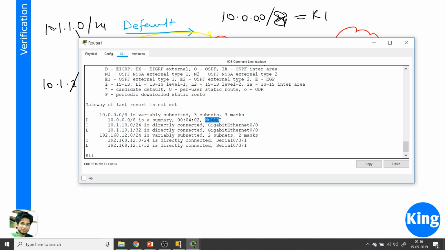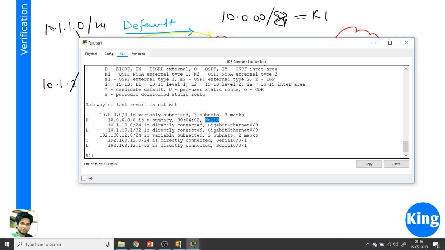That means if at all there is a specific route, in this case 10.1.10.0 is specific, it is part of the summary, but that's specific, that it tells you where it goes. So if at all there are more specific routes, 10.1.2.0, 3.0, 5.0, 10.0, whatever, specific routes would get added. But if at all it's not listed in that, then this router says, you know what, I'm going to send it to null 0. And let's assume null 0 is the black hole, right?